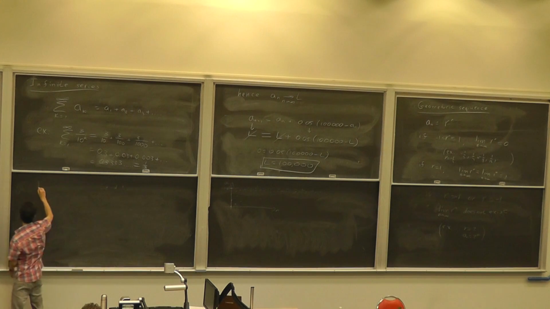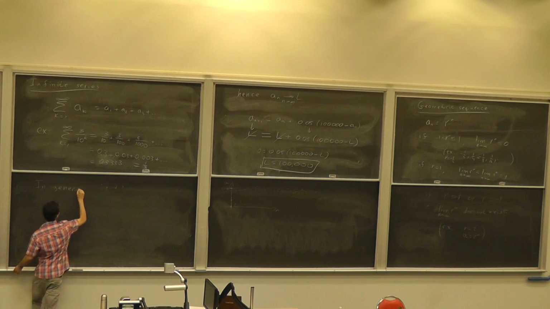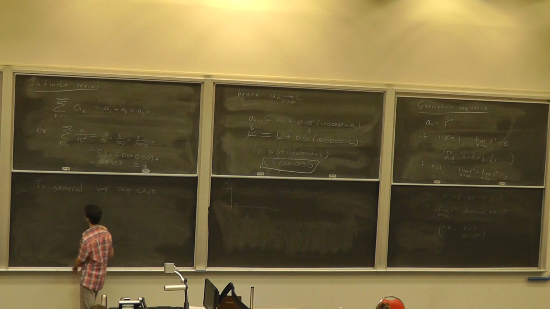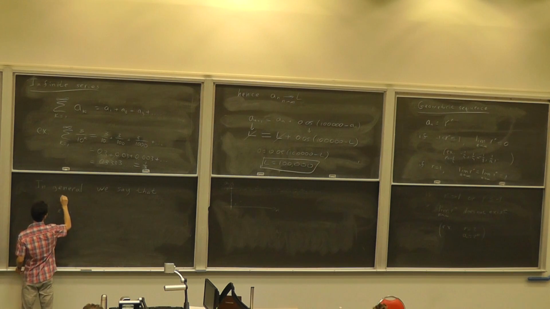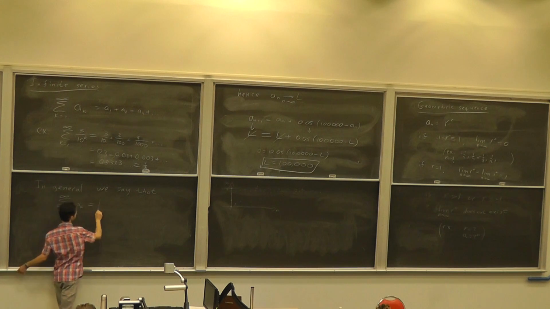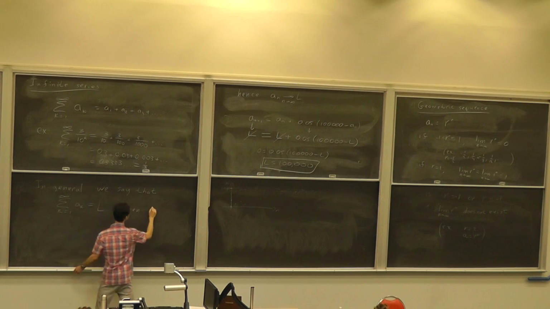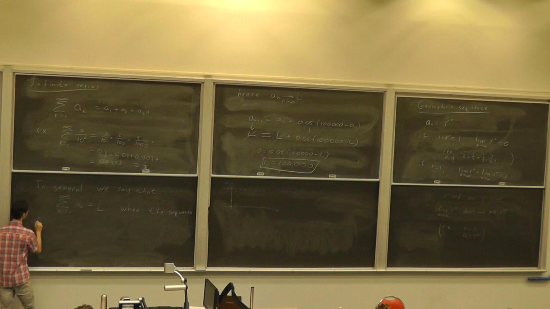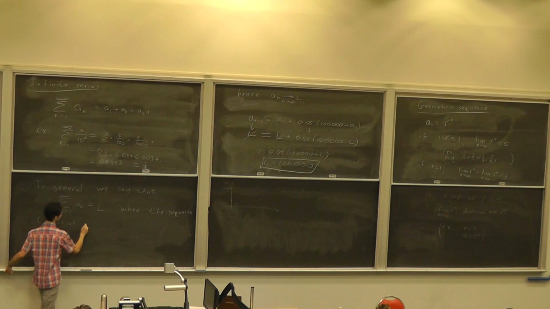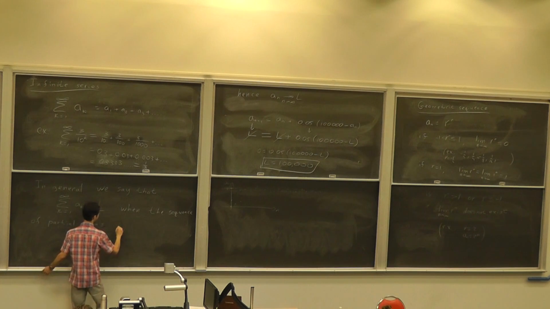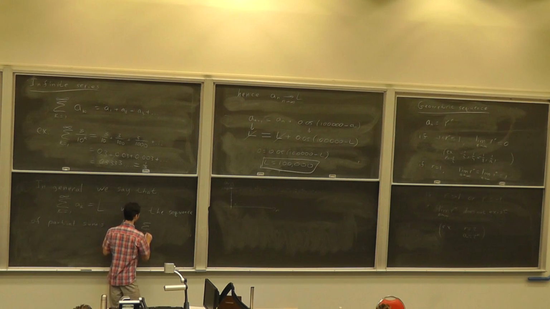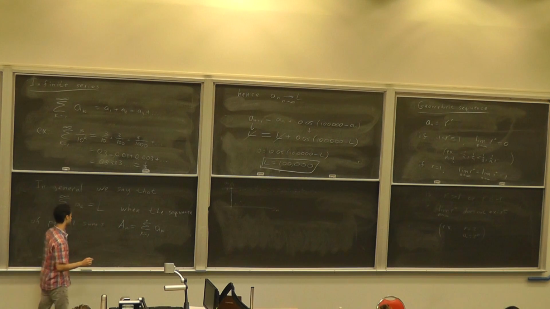Well, in general, we say that the sum of infinitely many terms a_k is equal to some number L when the sequence of partial sums, this sequence where you compute the sum of finitely many terms, the first 10 terms, converges to L.